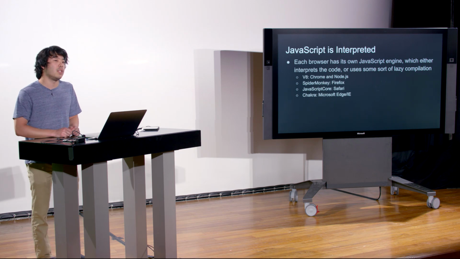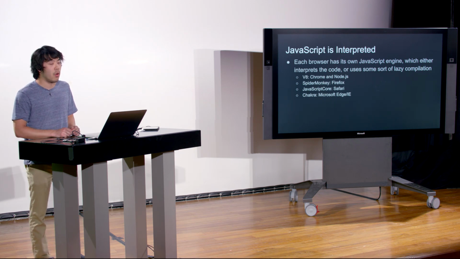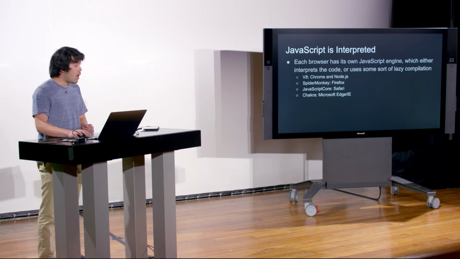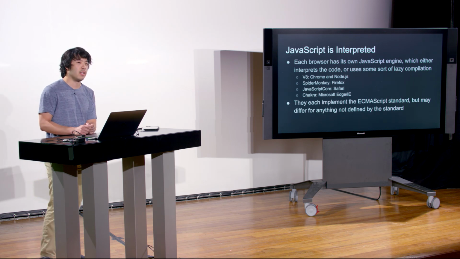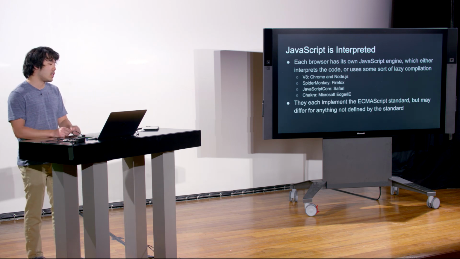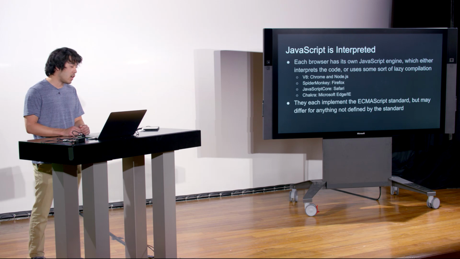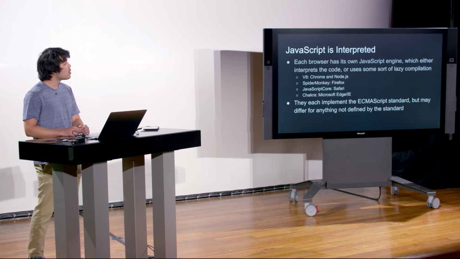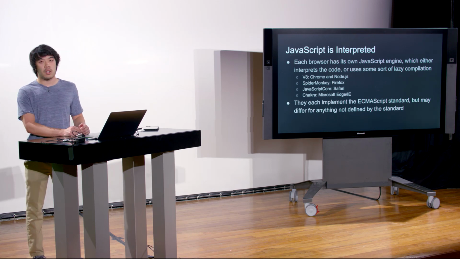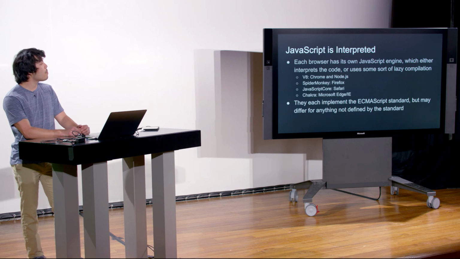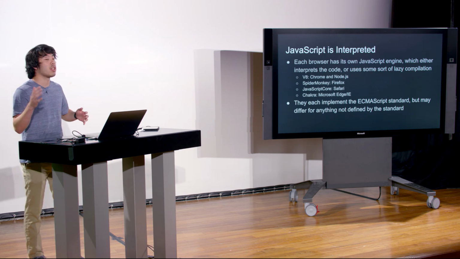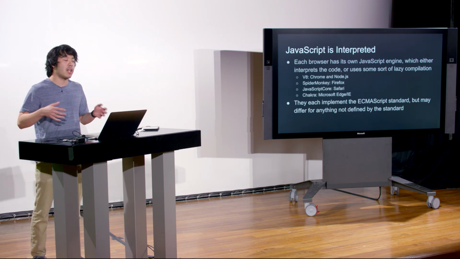You don't really need to know these names, but it's important to know that different ones exist, because JavaScript is built off of a standard. The standard is put out by ECMA, which stands for the European Computer Manufacturers Association. They're in charge of putting out a spec, meaning, I know you have this language, but this is exactly what this language needs to do, and for every single function, this is exactly how it should behave.